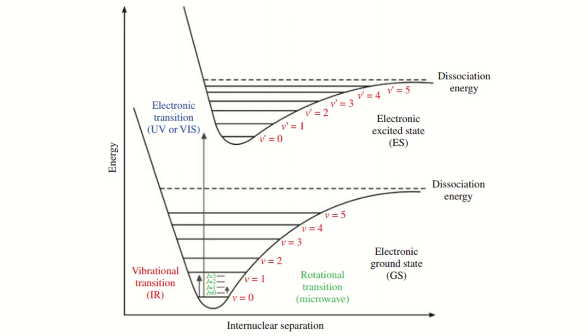Vibrational spectroscopy confines itself to that narrow region of the electromagnetic spectrum where the absorption of a photon has sufficient energy to cause the nuclei of the excited molecule to vibrate.